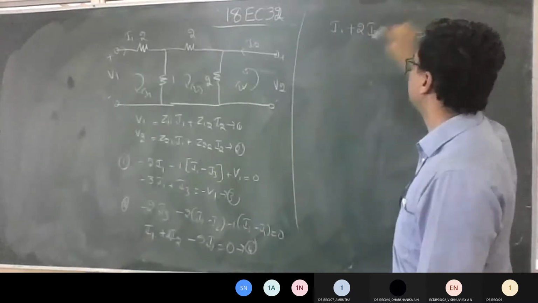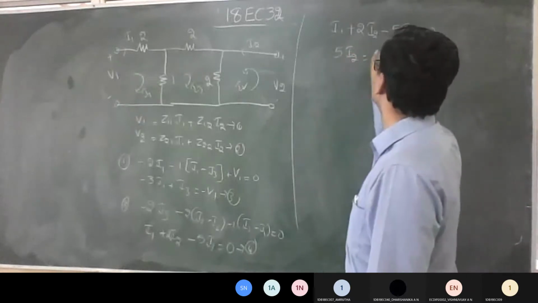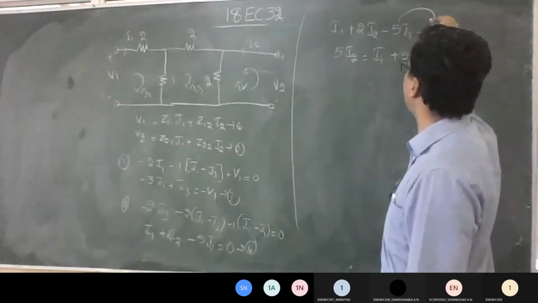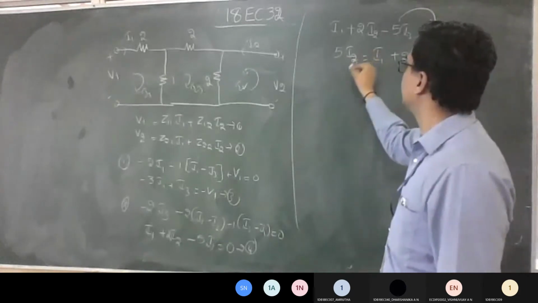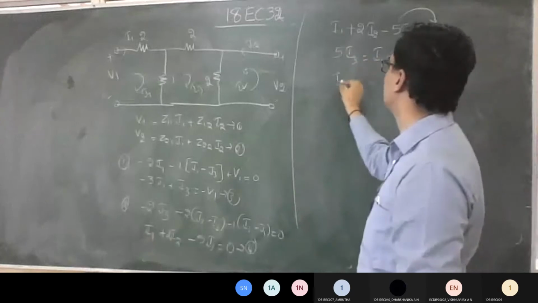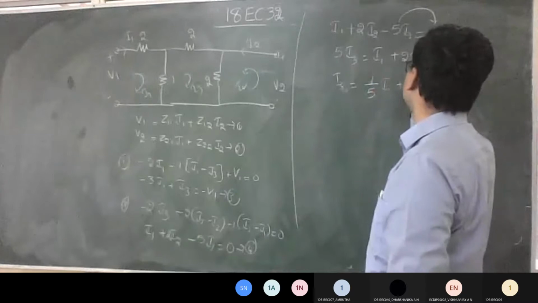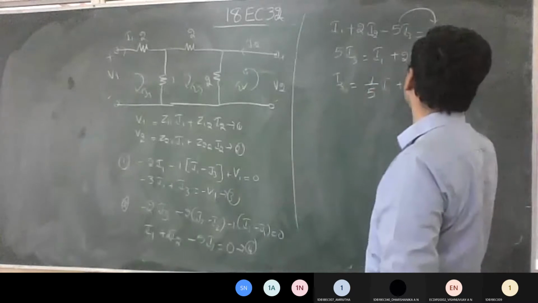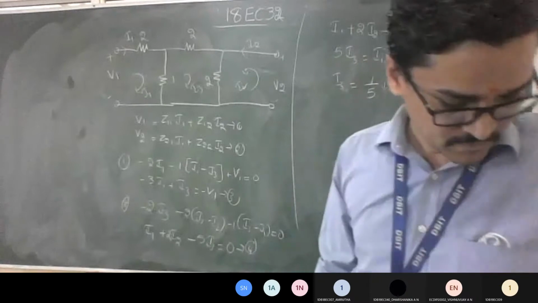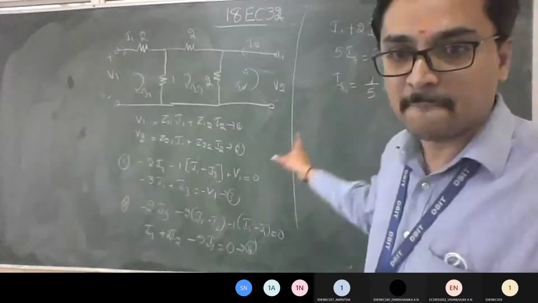I want only I3, so I will pull everything to the other side. So it becomes 5 I3 equal to I1 plus 2 I2, taking this towards the RHS. So I3 is 1 by 5 I1 plus 2 by 5 I2. Am I correct? Is it fine?